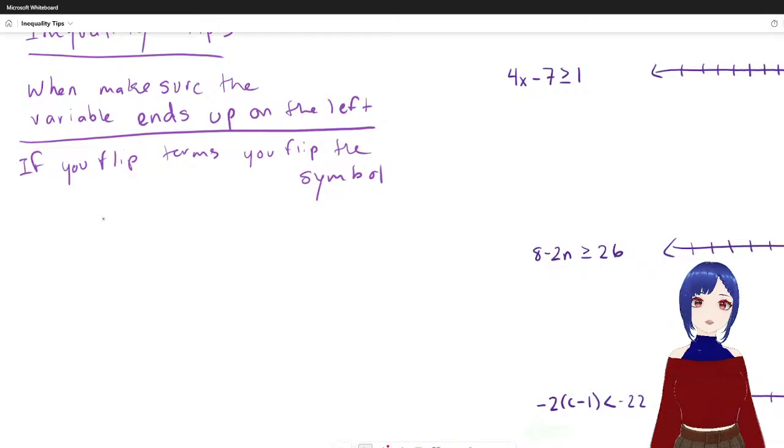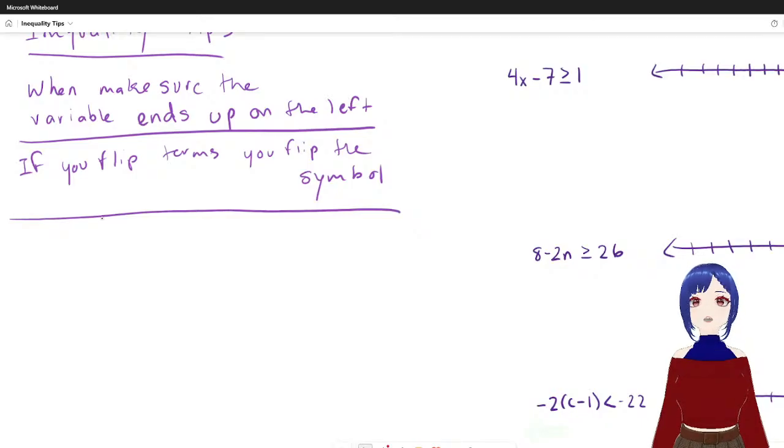So if you're solving and you end up with your variable on the right, you can fix it so that the variable's on the left, but that's also going to include making sure to flip the symbol too. So if you do these two things first, then you can make sure that you do less to the left.